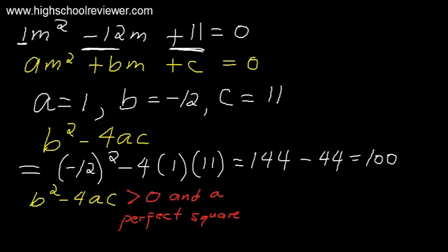So since our discriminant is greater than 0 and a perfect square, the nature of the roots now, they are real, rational, and unequal. So again, our roots are real, rational, and unequal. And these are our final answers.